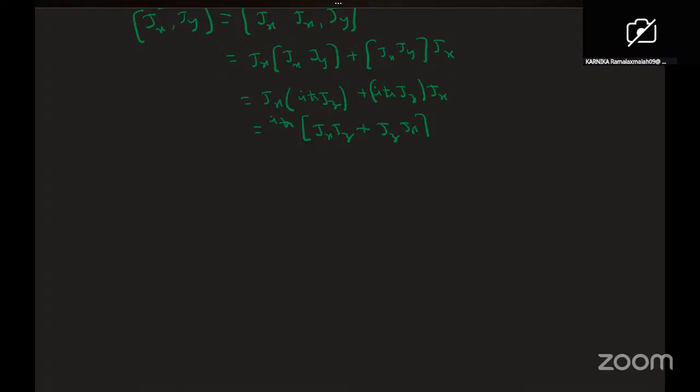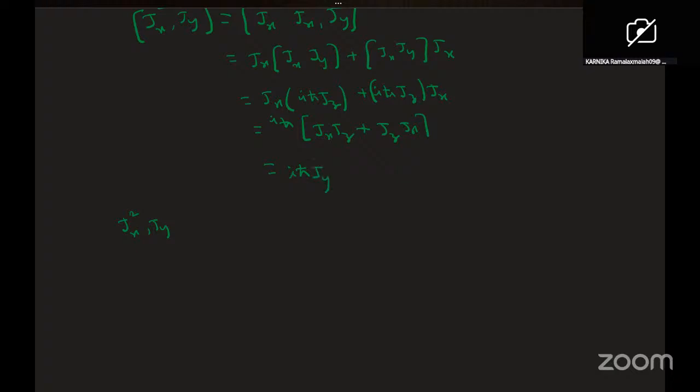After that, you will take iħ common, after Jx square comma Jy. So this is not simplified here. This is finally iħ, Jx Jy and Jx Jz. So here what is the formula here?